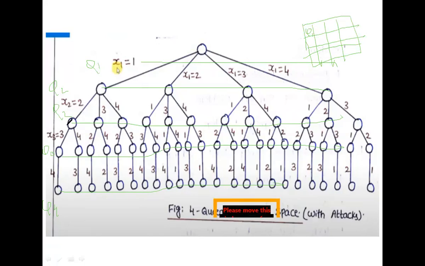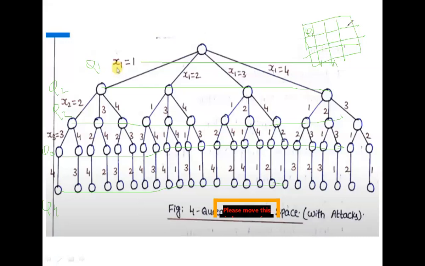Then second column I represent q2, in any position, without telling the constraint here. And third column q3, and fourth column q4, without considering the constraint. What is the constraint? Not present.